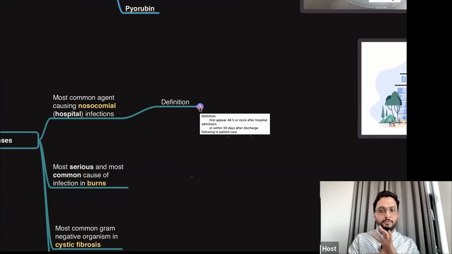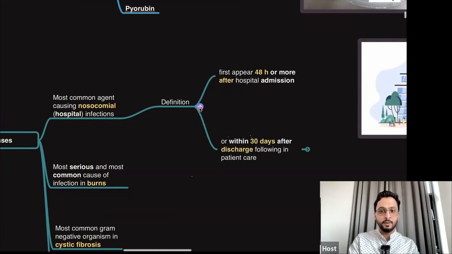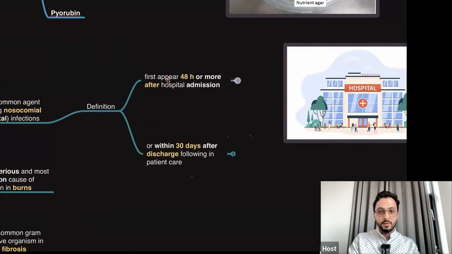There are 2 ways to define it. One: the infection which appears 48 hours or more after hospital admission. The patient is admitted to hospital, and after that if they get infected after 48 hours, it is a nosocomial infection. That's one definition.